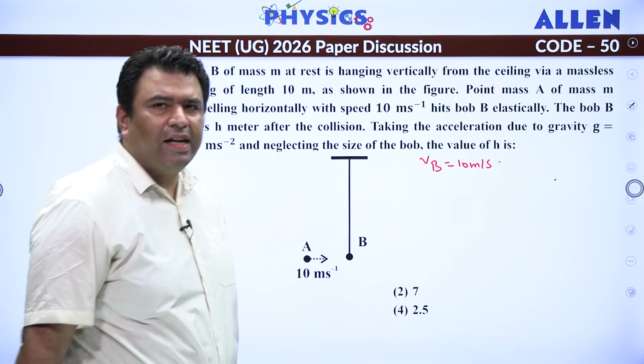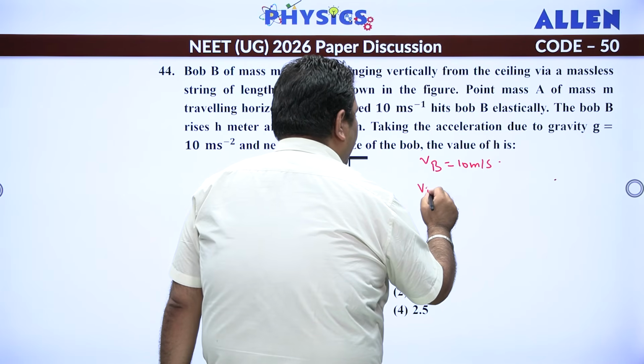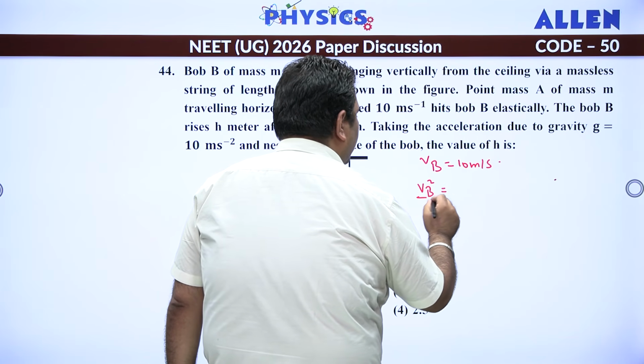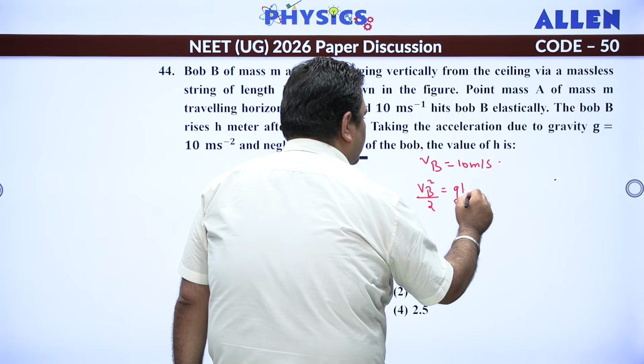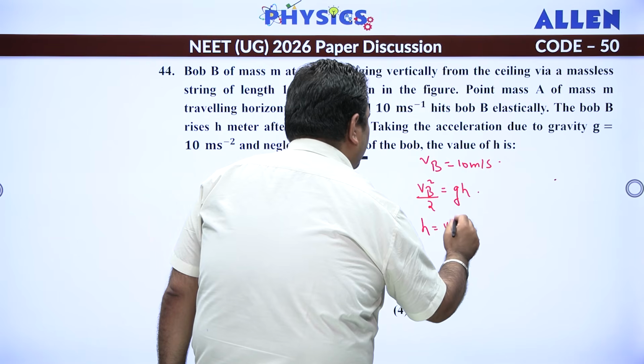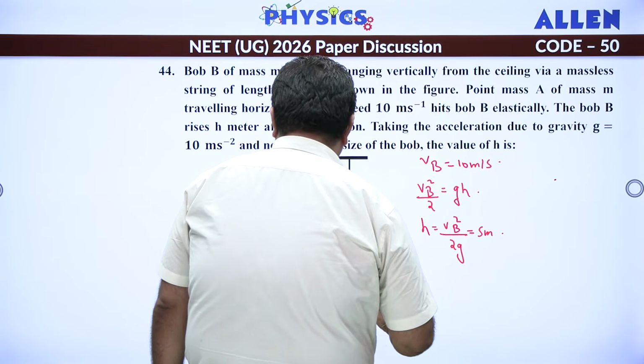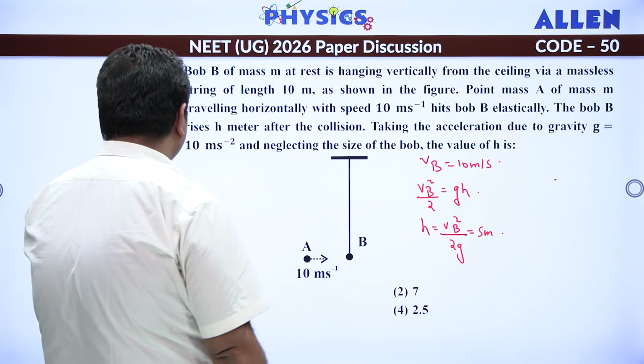Now listen to one thing: VB square by 2 can be written as gH in that question, right? So what should be the height of the particle now? VB square by 2g, so 100 divided by 20. What answer are we getting for this? 5 meter is the answer. So the answer is the third option.